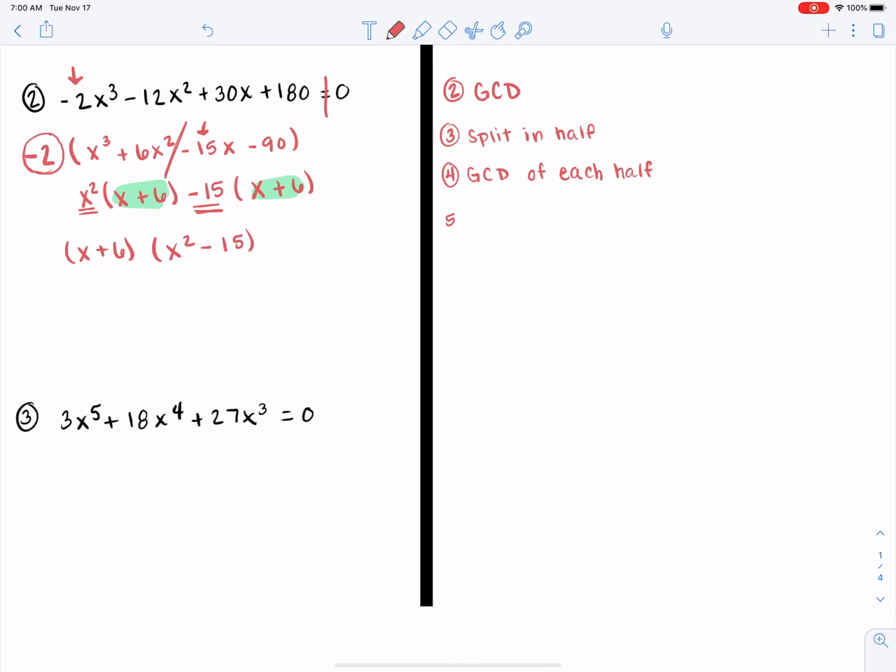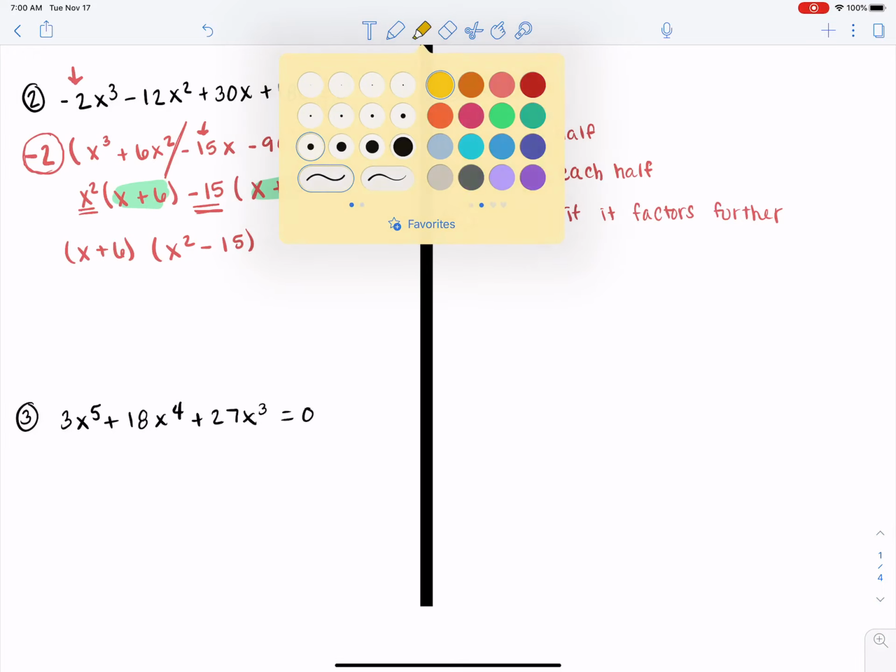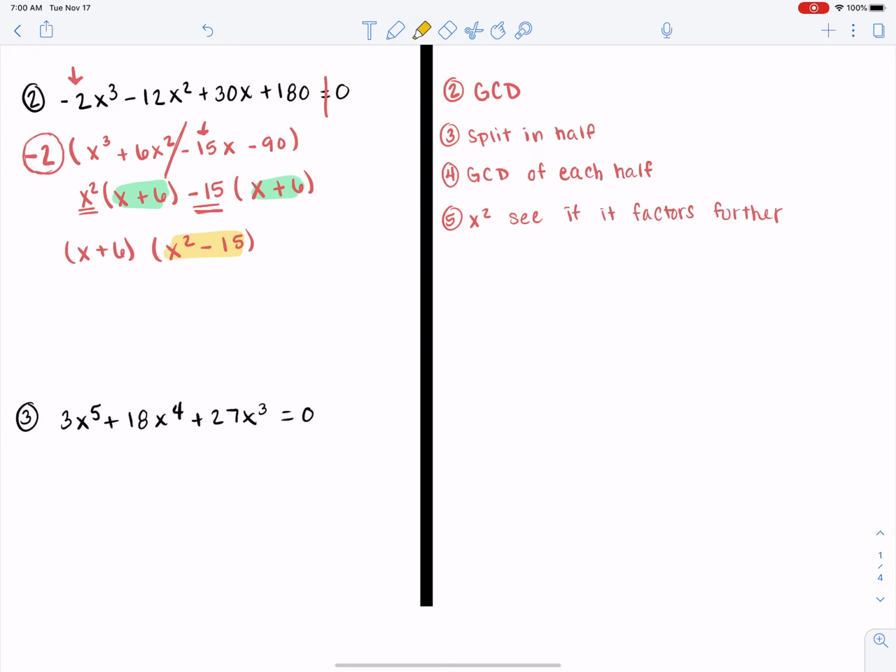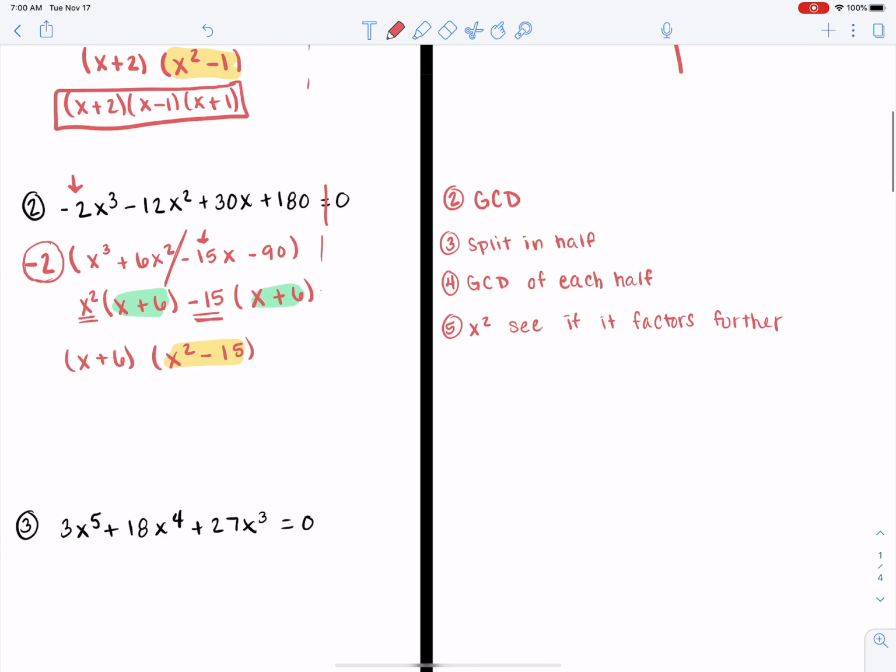Now, if you have an x squared, you need to see if it factors further. So I'm going to take this x squared minus 15 factor and come to the side. And I know that that's really x squared plus 0x minus 15. So a is 1, b is 0, c is negative 15.